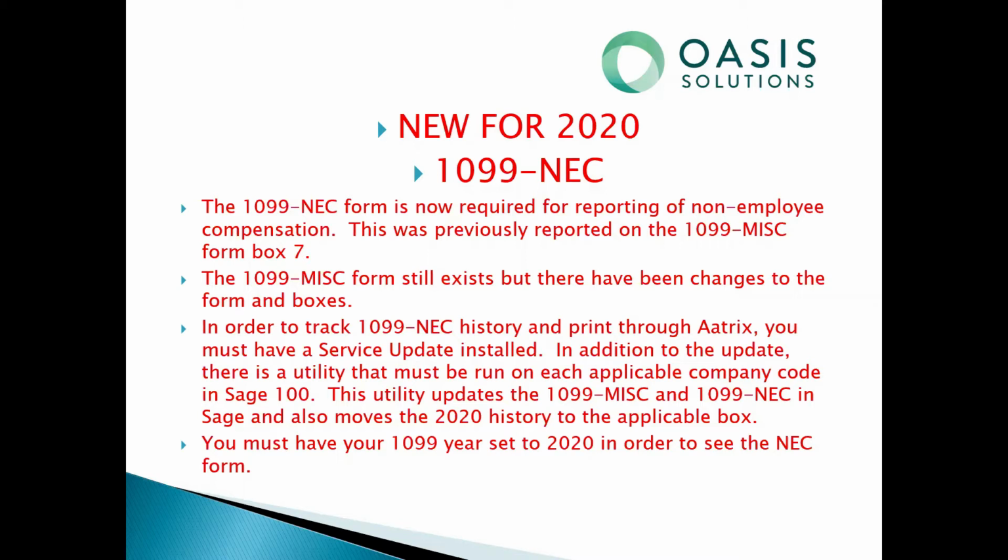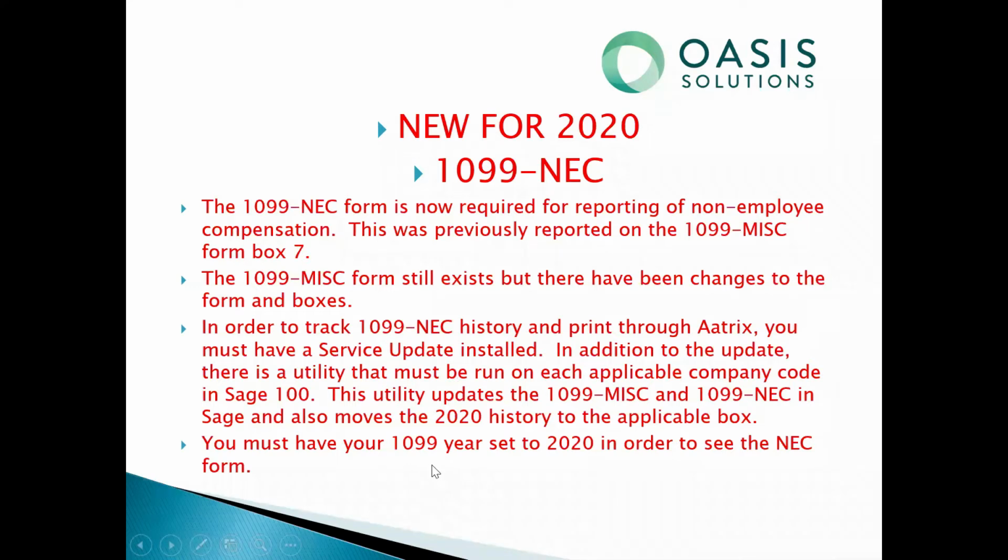It automatically changes it and moves the history to the proper form into the proper box. When we go into Sage, I will show you how to check and determine whether or not you do have that utility installed, and talk with you about how you need to request it if you do not have it installed. So those are two things that will need to be done.